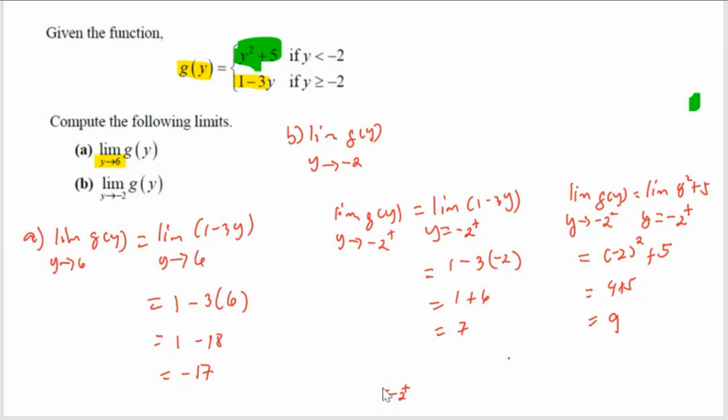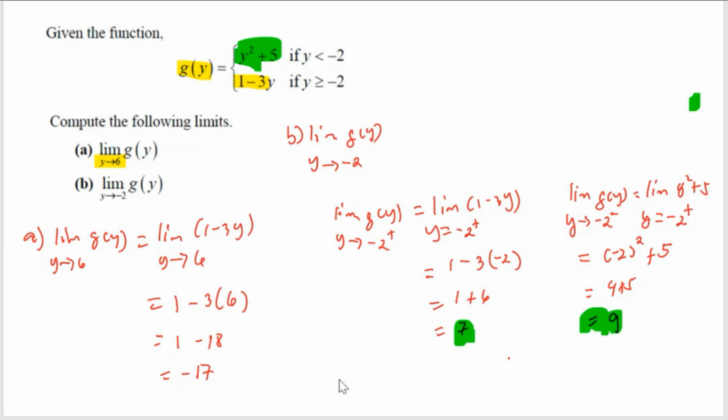Okay, since the limit of g of y as y approaches negative 2 from the right and the limit of g of y as y approaches negative 2 from the left are not equal, the two values here are not the same.